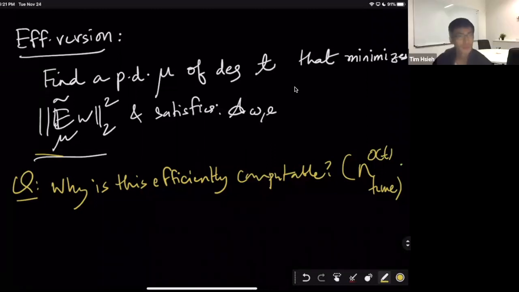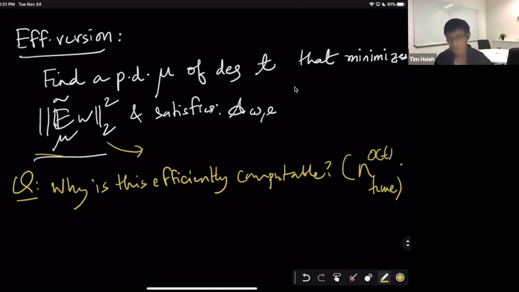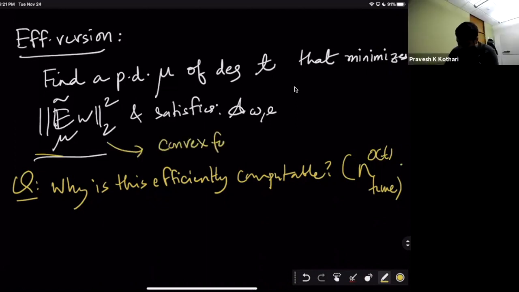Because the norm is convex. Right, exactly. So this function here is a convex function of tilde EW. Now, tilde EW is a variable in your program.